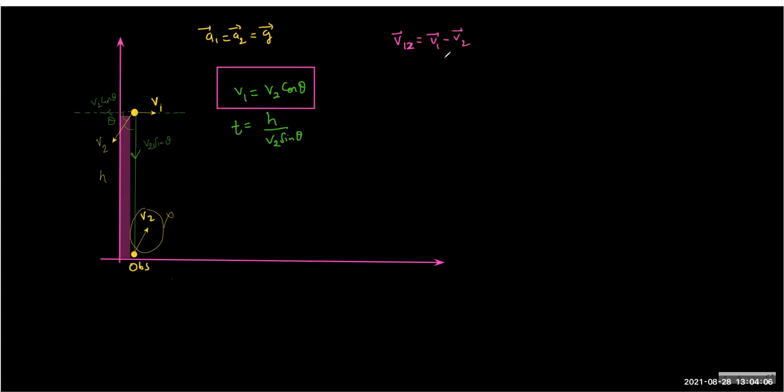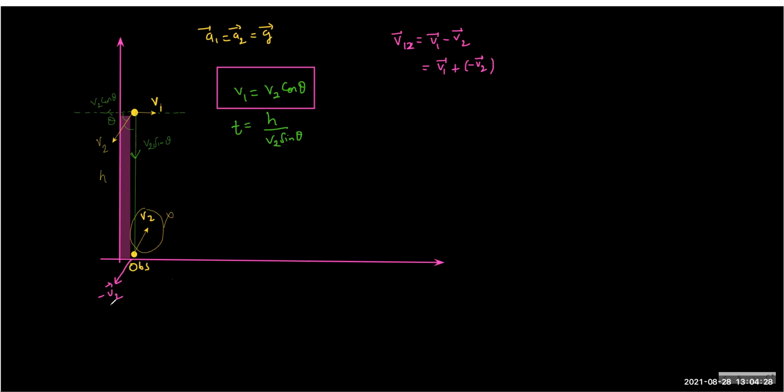Sir, V12 is how much? Velocity of one with respect to two is V1 minus V2. So V1 is already shown, and what is V2? So it's addition of minus V2. So V2 is like this. So what is the minus V2? The minus V2 is a vector, but its value is V2 only.